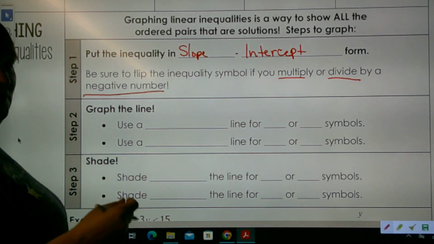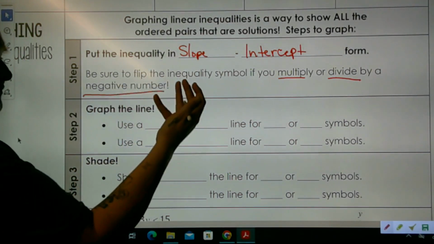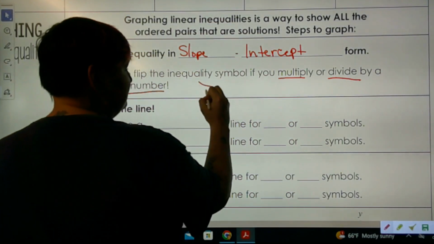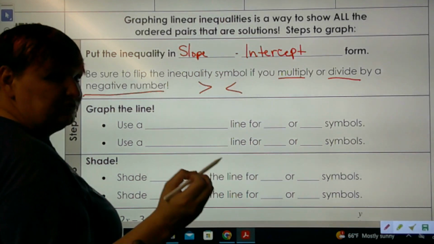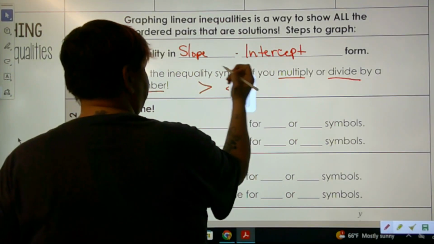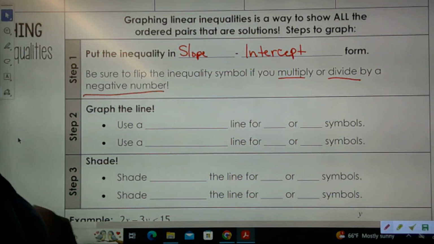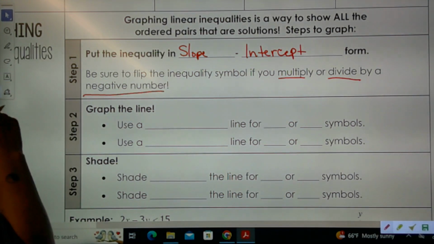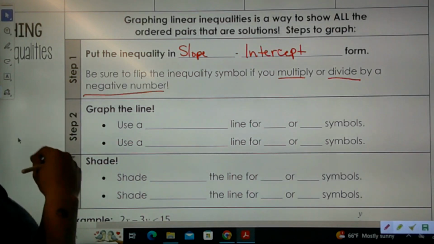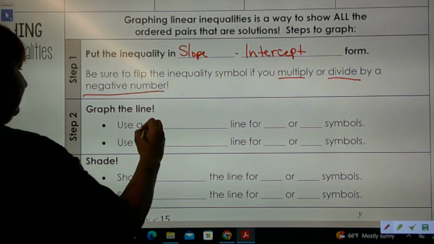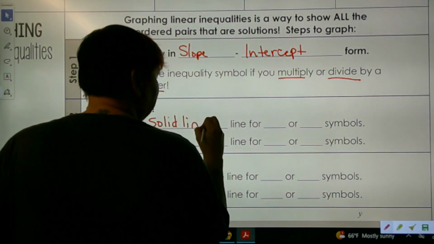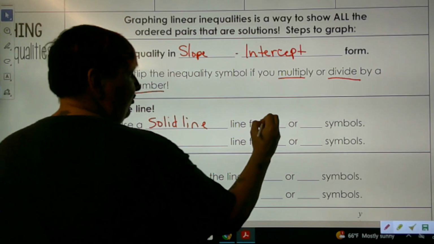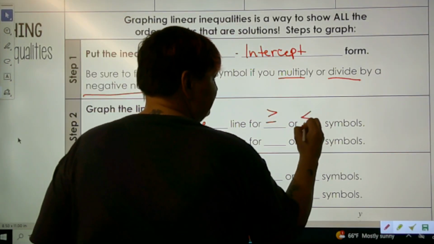If you multiply or divide by a negative, you're going to flip the inequality symbol. So if it starts like this, it's going to end like this. Only if you multiply or divide by a negative number. Alright, then we're going to graph the line. We use a solid line for greater than or equal or less than or equal.